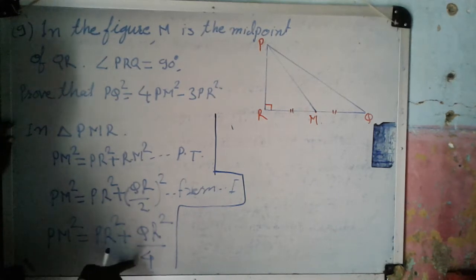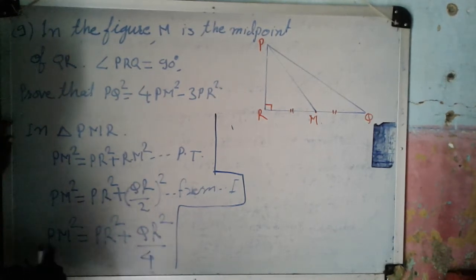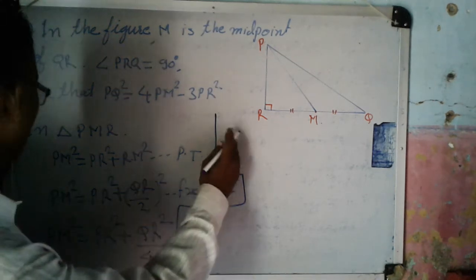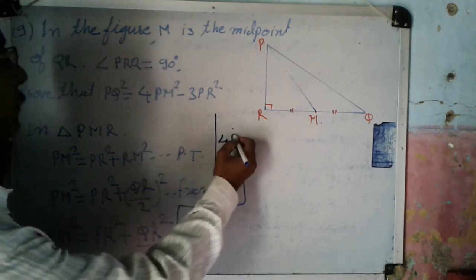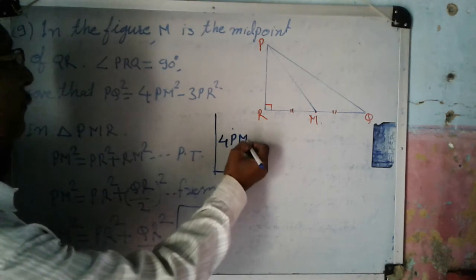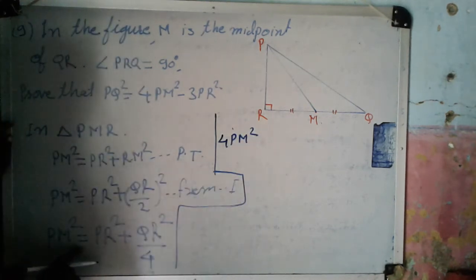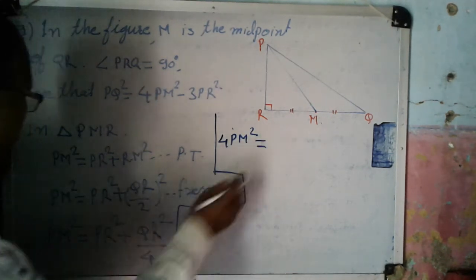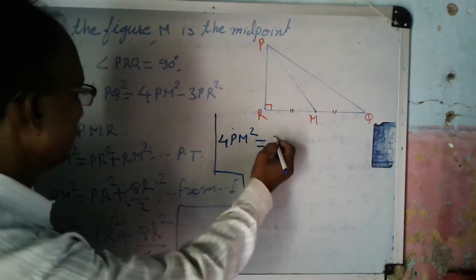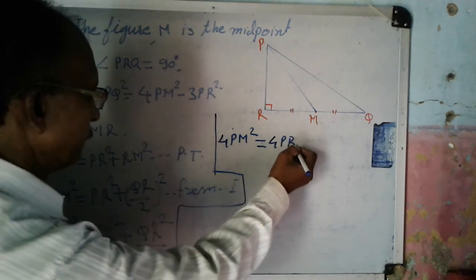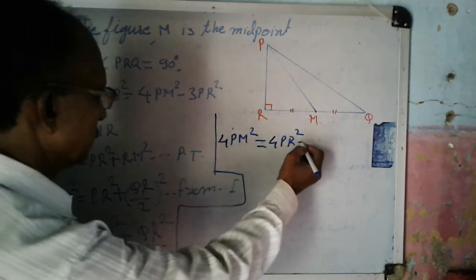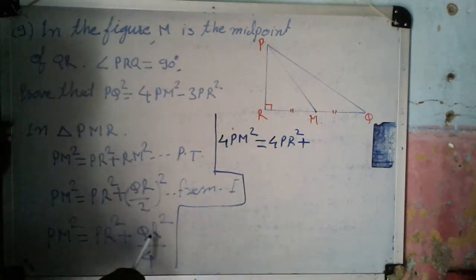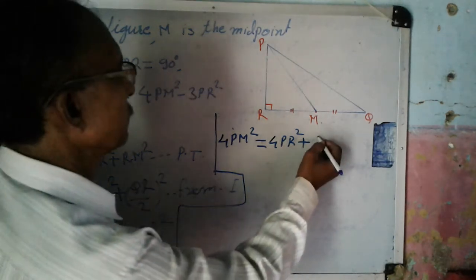To simplify this, multiply both the sides by 4. After multiplying both the sides by 4 we get 4 PM square is equal to 4 PR square plus, if you multiply this term by 4, 4 gets cancelled, here remains only QR square.